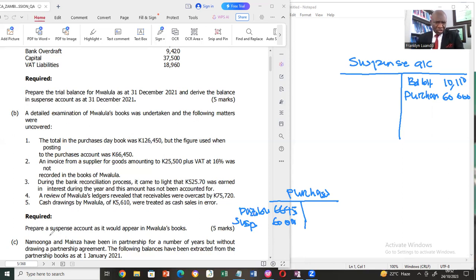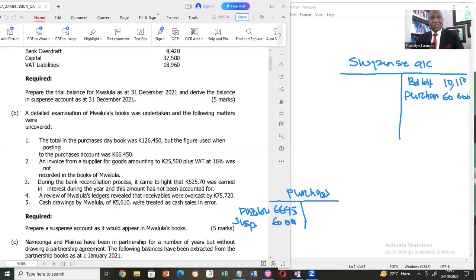Then we go to number 2, an invoice from a supplier for goods amounting to 25,500 plus VAT at 16% was not recorded in the books of Mwalula. So if it's not recorded in the books, then it's not going to affect the suspense account because there's no debit, there's no credit. This is what we call an error of omission.